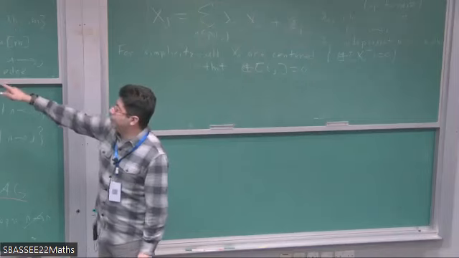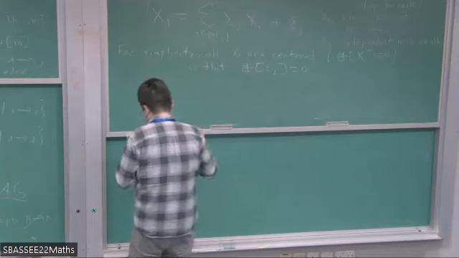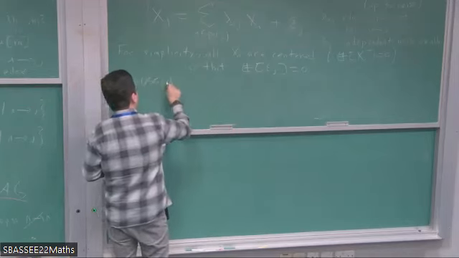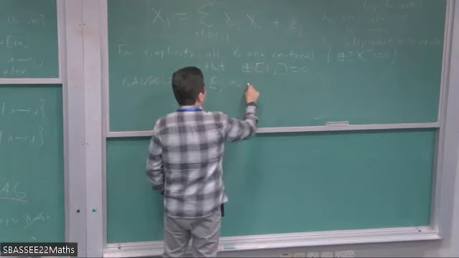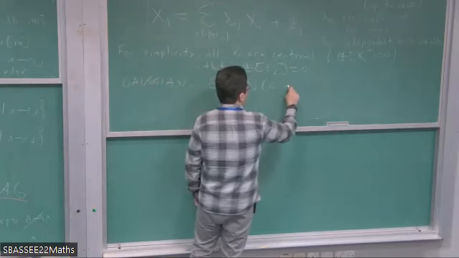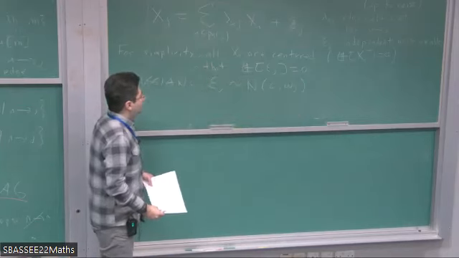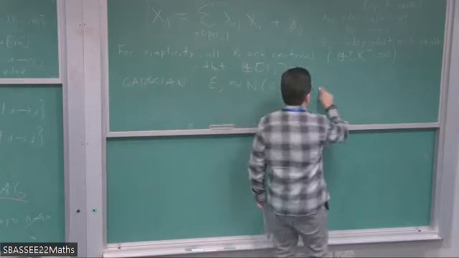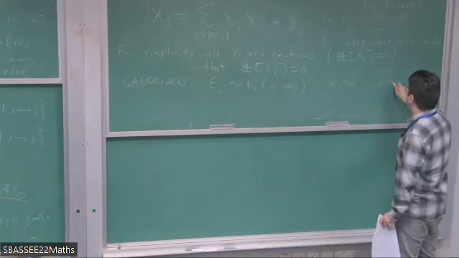We say the word Gaussian, right? So linear Gaussian graphical models. So the epsilons are going to be Gaussian. Epsilon_j is going to be a univariate Gaussian with mean zero and some variance omega_j, which is positive for all j from 1 to n.